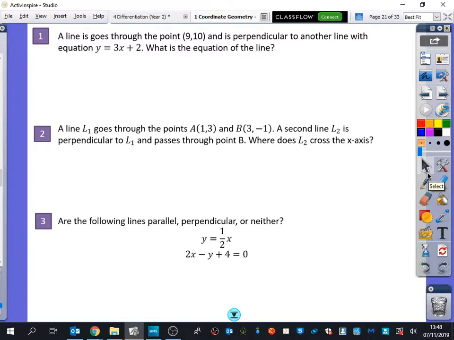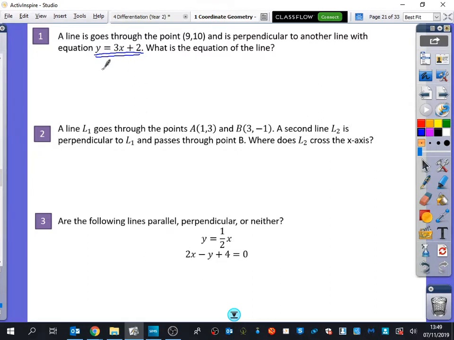So a line goes through the point (9, 10) and is perpendicular to another line with equation y = 3x + 2. What is the equation of the line? So remember, to find the equation of a line, we need a point and a gradient. We've already been given the point, but we haven't been given its gradient. But we have been told that it's perpendicular to this line.